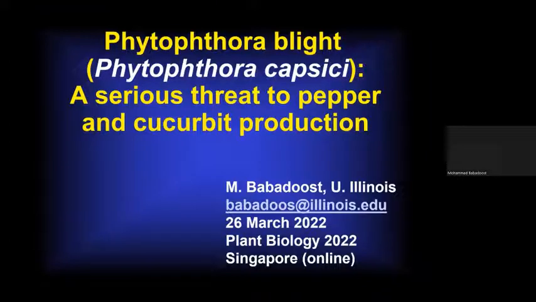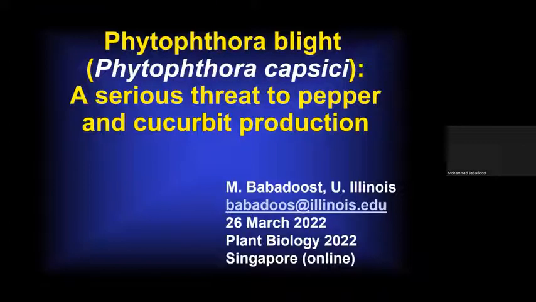It was late blight of potato caused by Phytophthora. That time we had only one species of Phytophthora. Right now we do have more than 150 species of Phytophthora in the world. One of them is Phytophthora capsici.